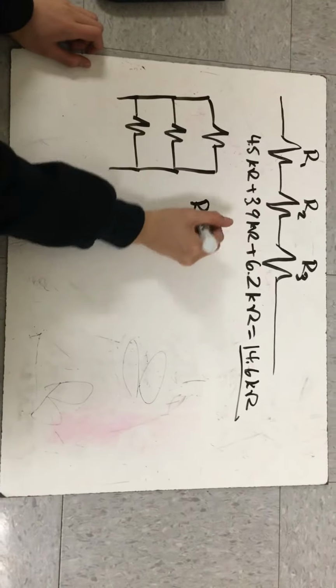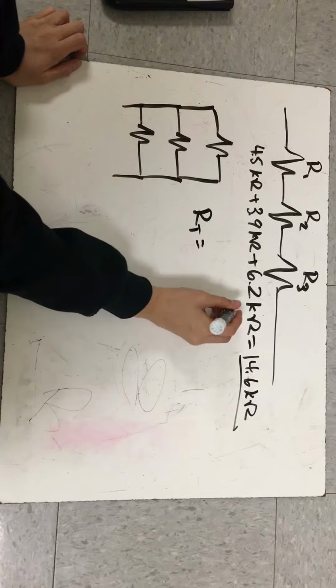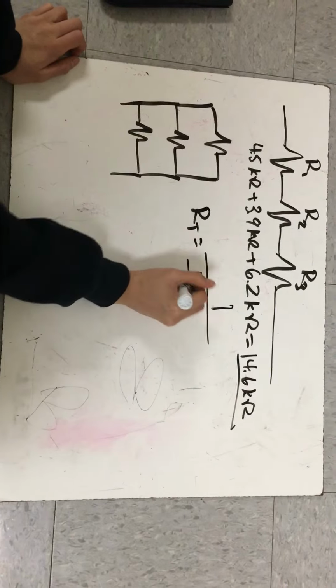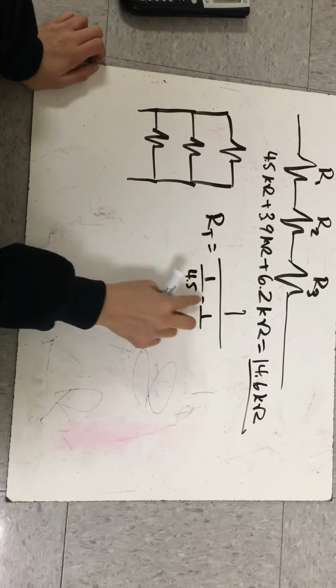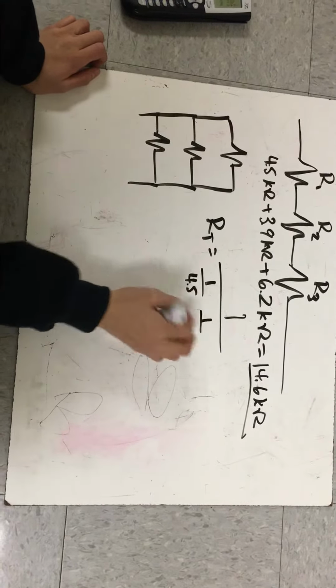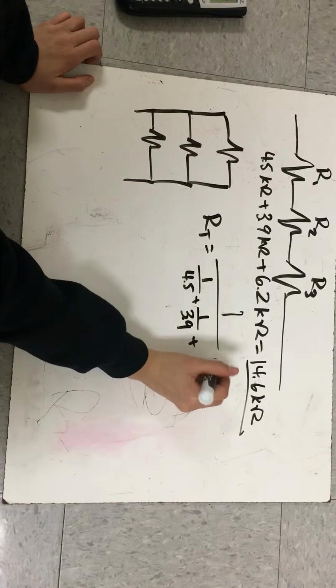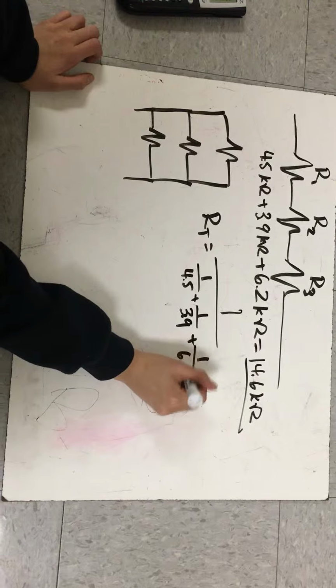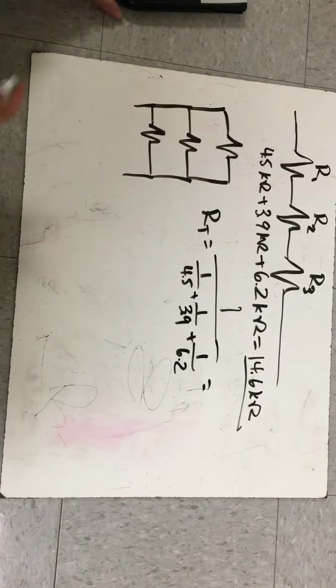So remember the formula for the total resistance in a parallel circuit is you take the reciprocal of each of the individual resistances. So that'd be 1 over R1, so 1 over 4.5, and then 1 over 3.9, and 1 over 6.2, and then you add them together, and you take the reciprocal of that.